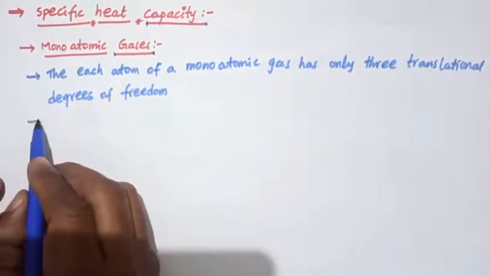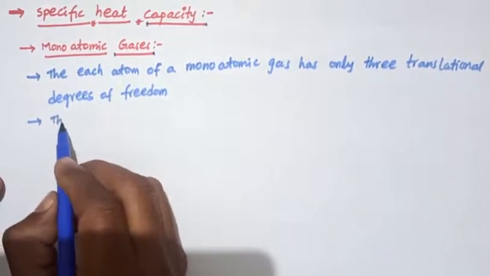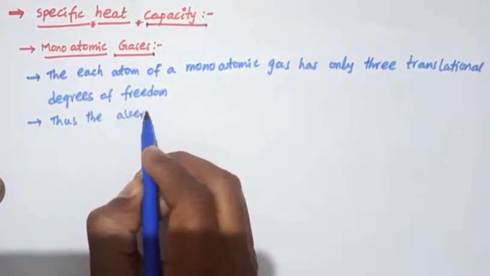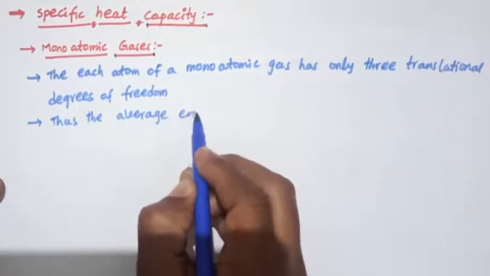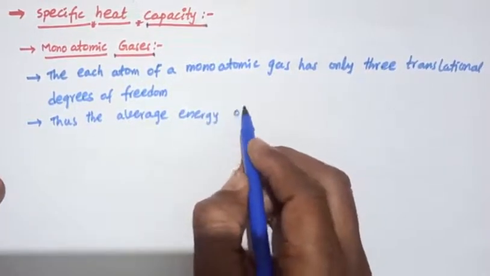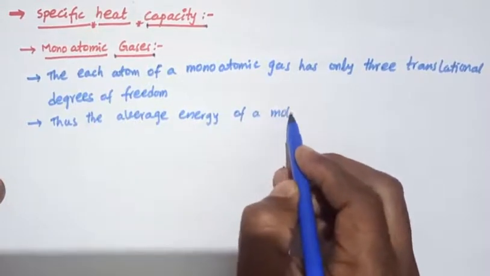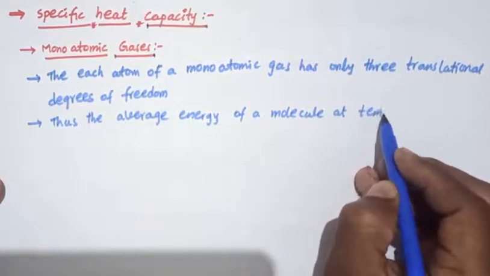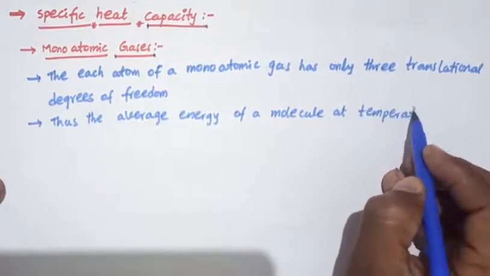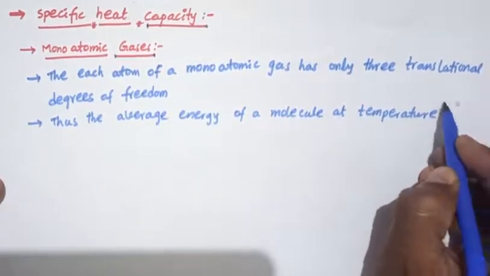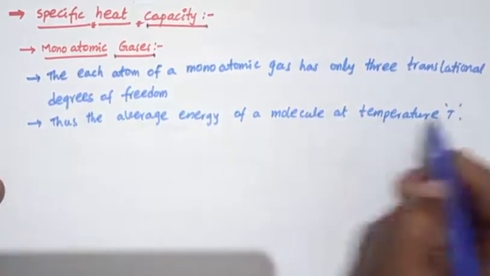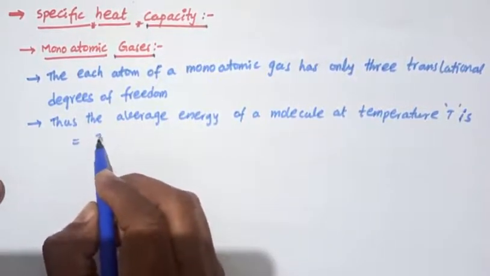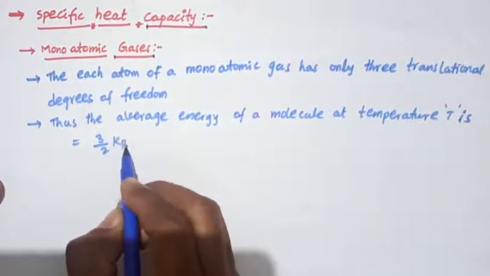Thus the average energy of a molecule at temperature T is 3/2 kBT.